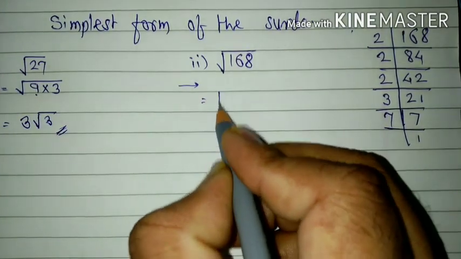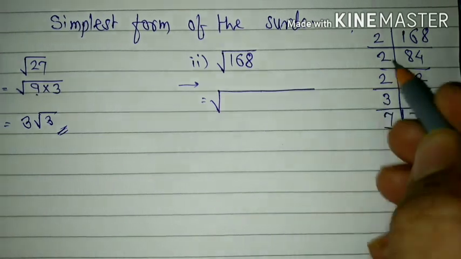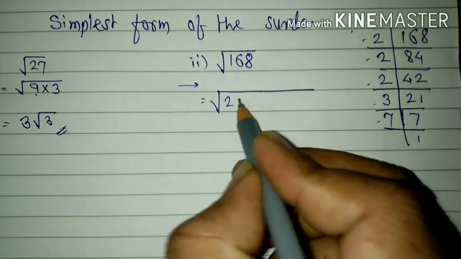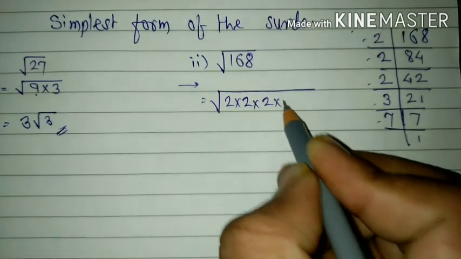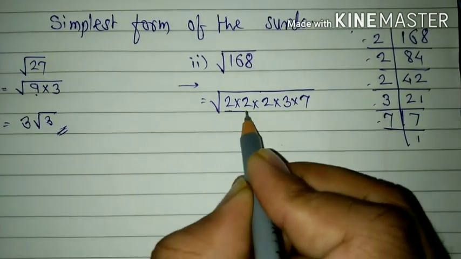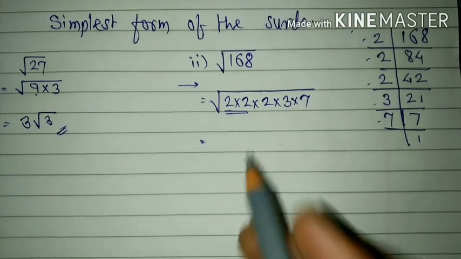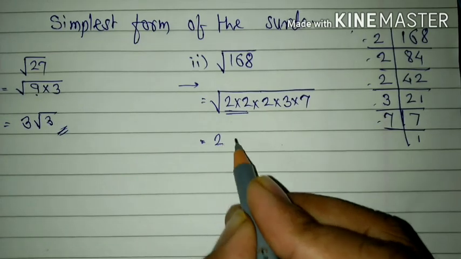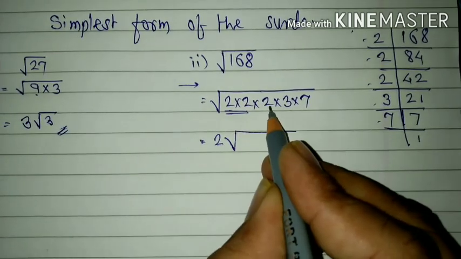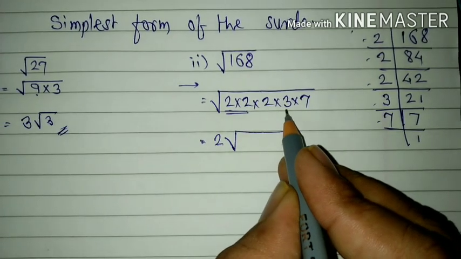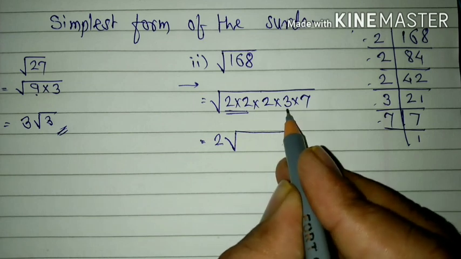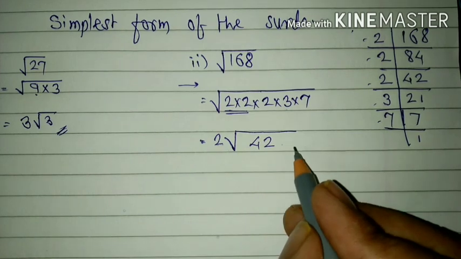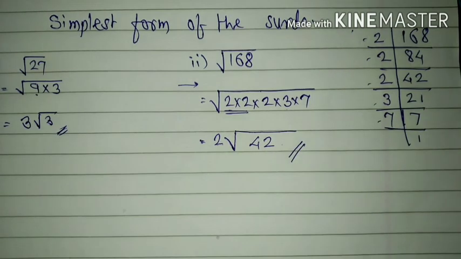So root 168 can be written as 2 into 2 into 2 into 3 into 7. There is only one pair of 2, so when the pair of 2 comes out, it becomes just 2, and under the root the ones which have no pair remain as they are: 2 3 6, and 6 7 42. So 2 root 42. This is the simplest form.